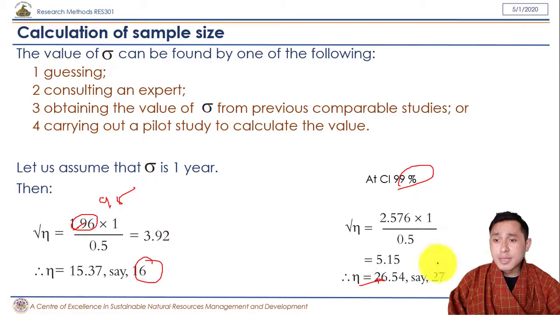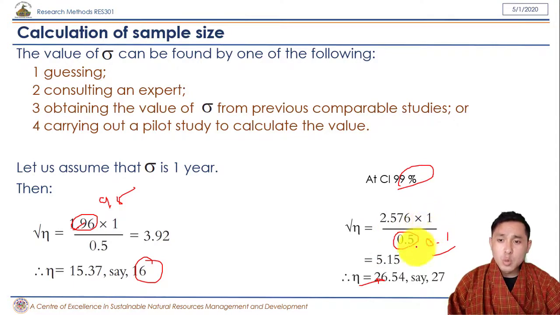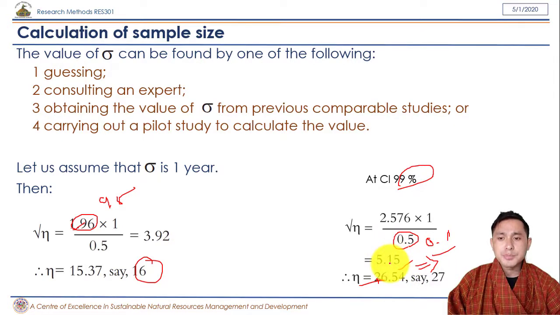sample size. And again, if you want to, you can change the margin of error by, let's say, 0.1 year, then imagine that 2.576 into 1 divided by 0.5 was giving this much, divided by 0.1 may give again very less as compared to this one.